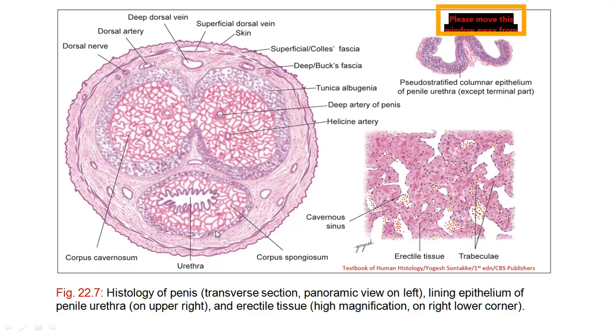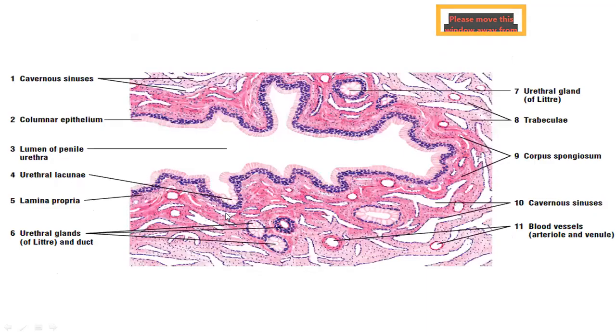This is the corpus spongiosum. Inside the spongiosum, we have the urethra. So this is the penile urethra. You can see the lining epithelium here is columnar epithelium. So this is the corpus spongiosum.